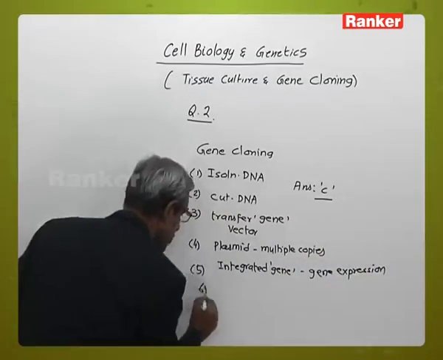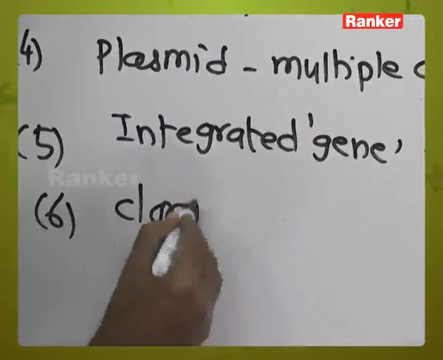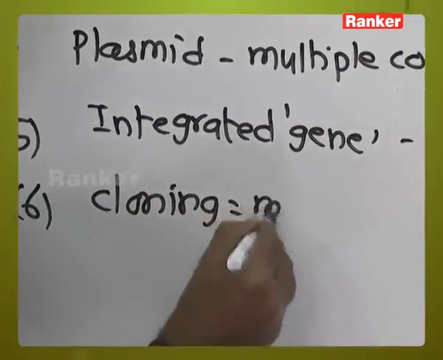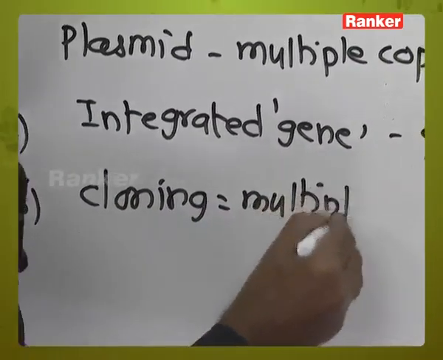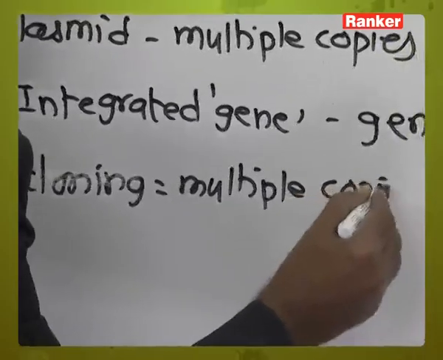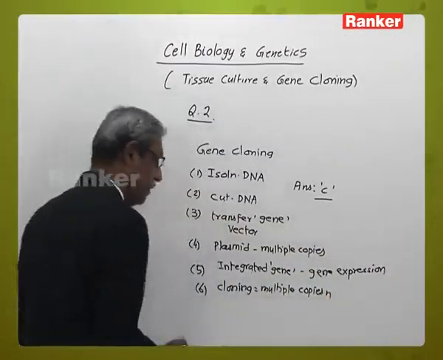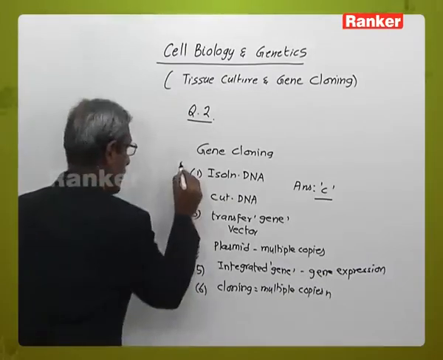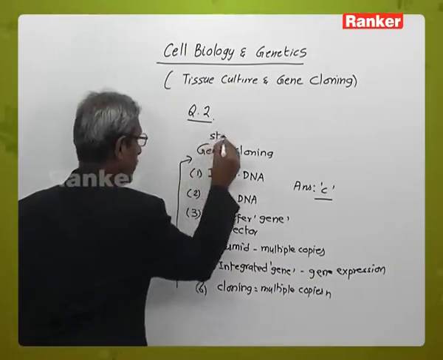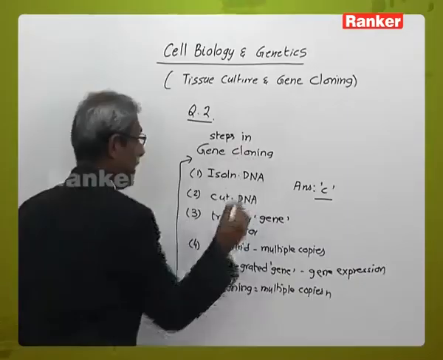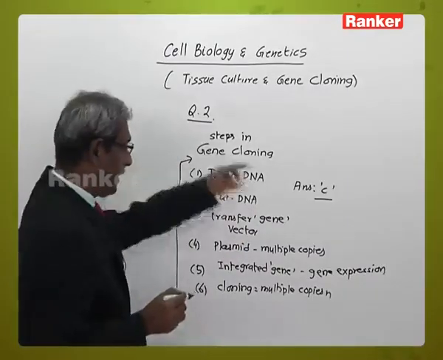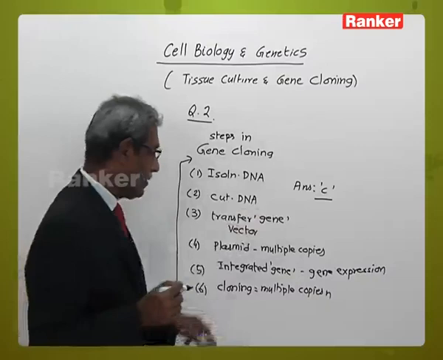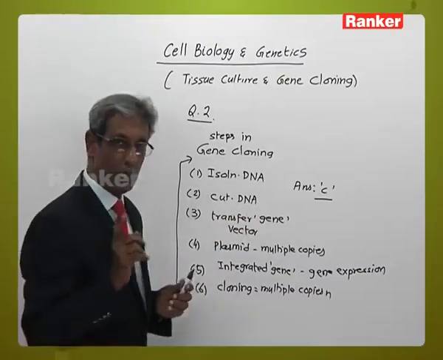And lastly, you will be making the process of cloning, that is you will be making multiple copies of the gene of interest. So, all these are the basic steps in gene cloning. Hence, when you take question number 2, the right answer is C, which relates directly to the term cloning.